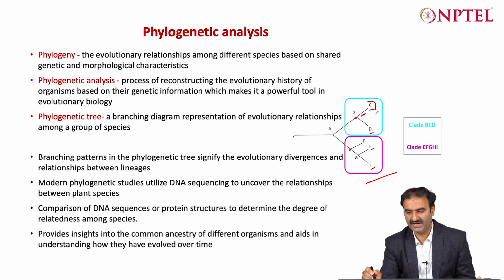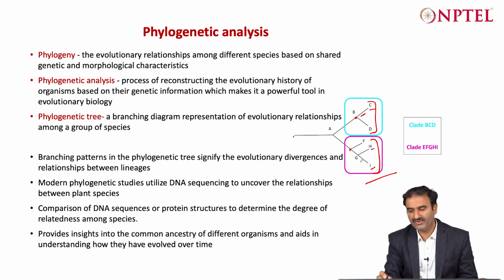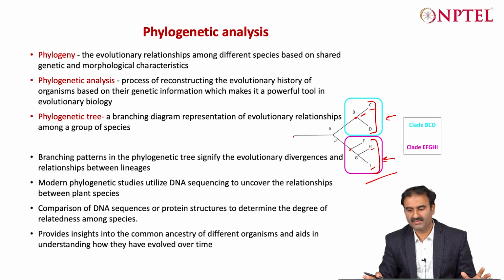This could be one clade, and this could be another clade. These organisms are more related to each other in this clade, whereas these ones are also related, and these two are separated, but they could also be related to each other if you make a bigger tree. They may not fall into the same clade, but they could be more related that way.